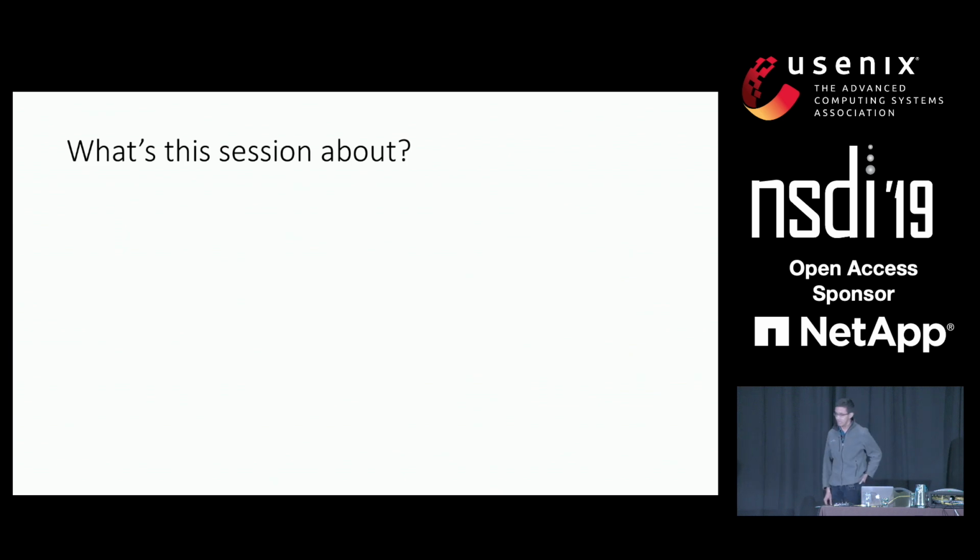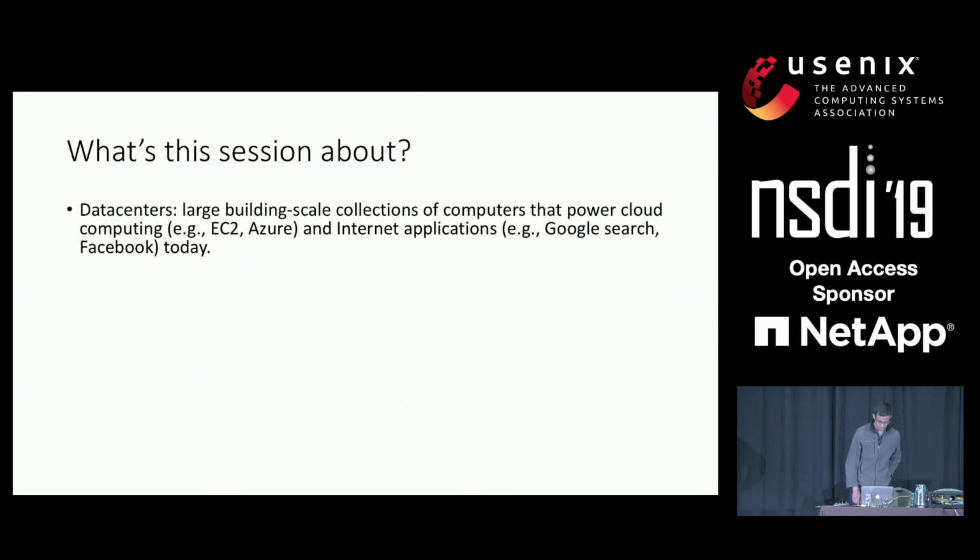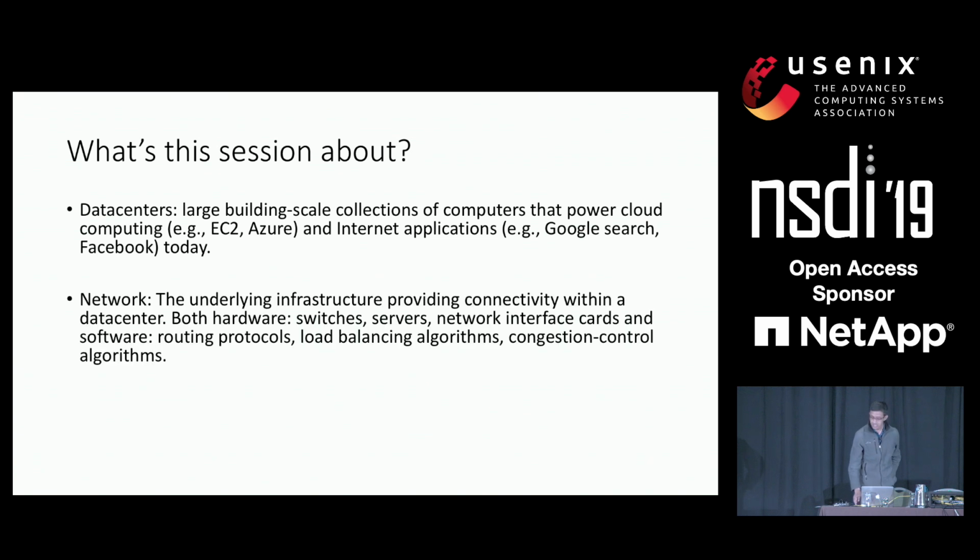Okay, so what's this session about? One way to look at the session is to look at the words in the title. So it's about data centers, which I think Akshay pointed out. They're these large building scale collections of computers that power a bunch of things today, cloud computing, internet applications, and such. The network is basically the infrastructure of the hardware and software that powers this data center.